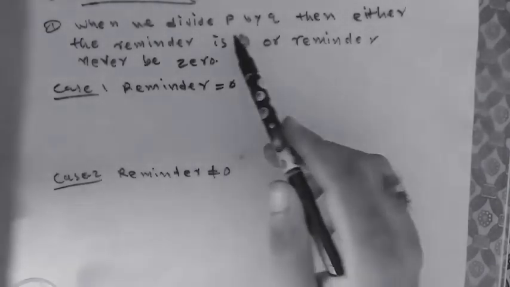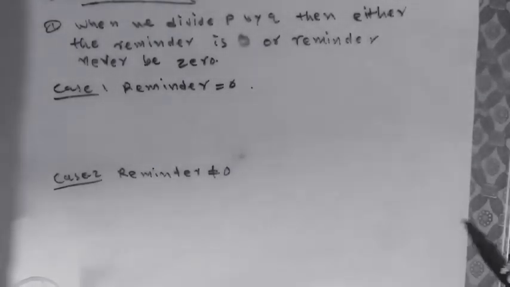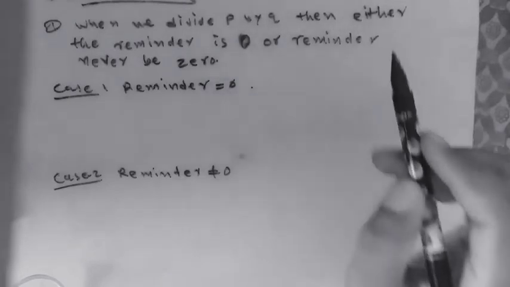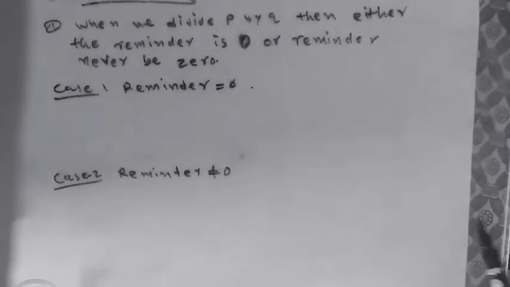Now we observe when we divide p by q, we may come across two cases. When we divide p by q, then either the remainder is 0 or the remainder can never be 0.